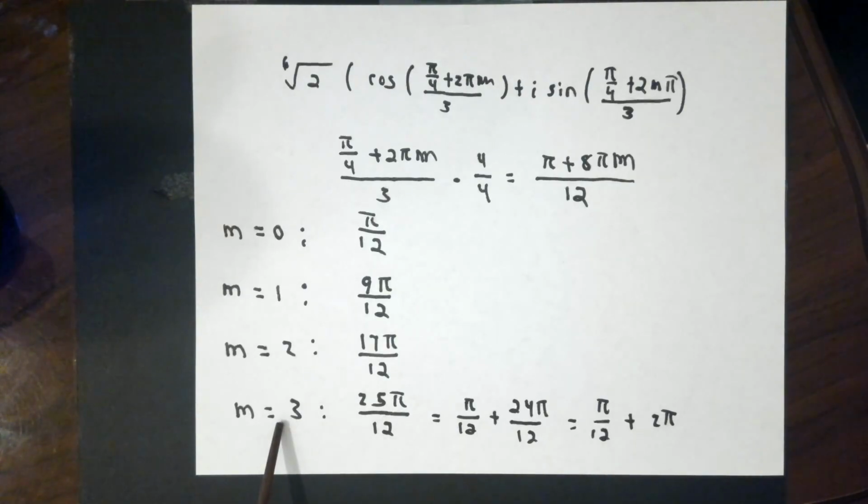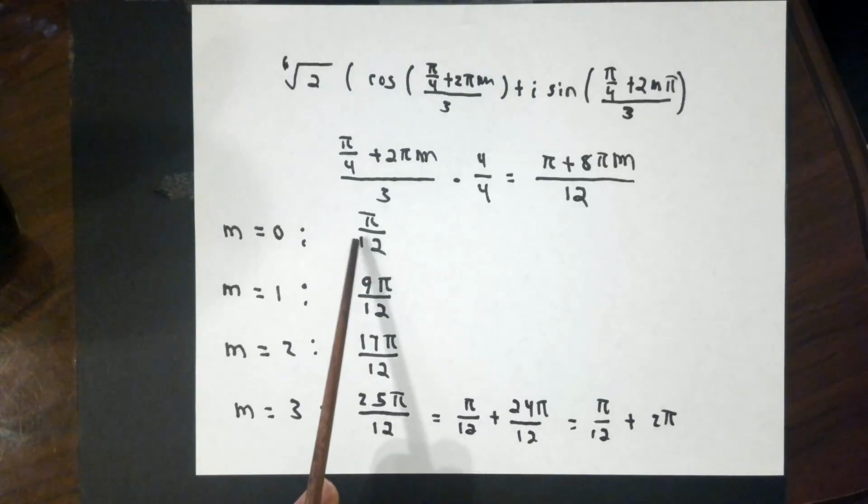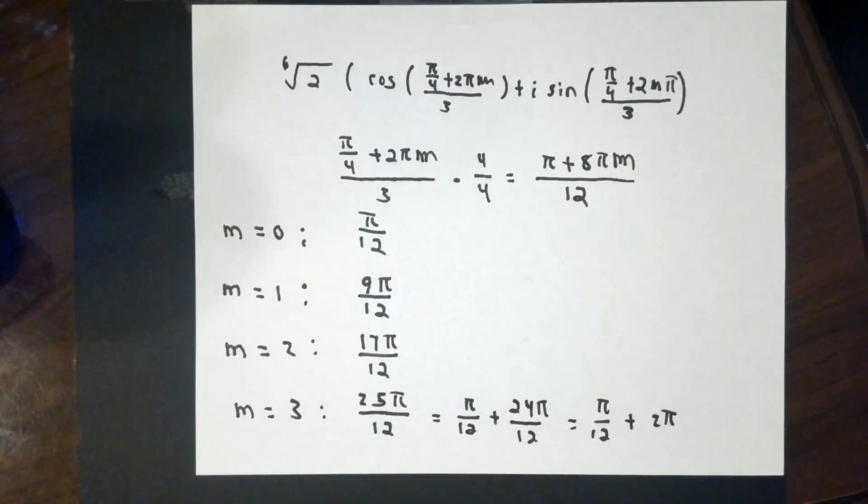So this m equal 3 gives us the same position that we had at m equals 0. And then we're just going to get repetitions of things we've already seen. So it's not necessary to look at all possible values of m, only 0, 1, and 2.